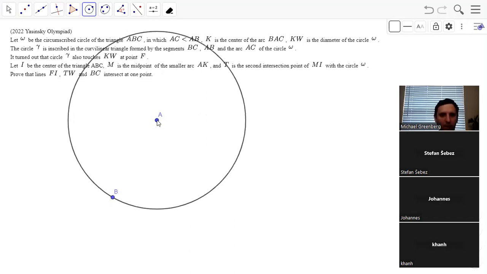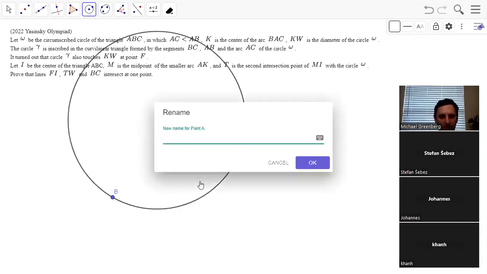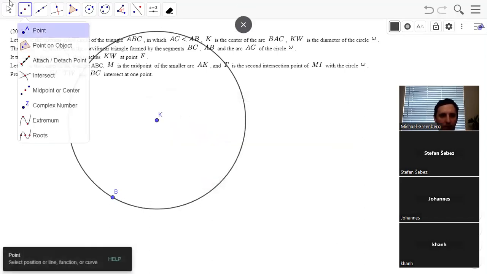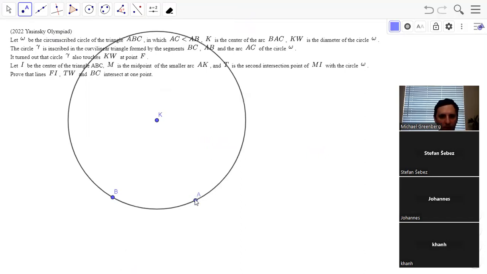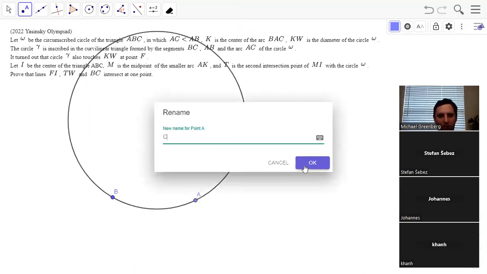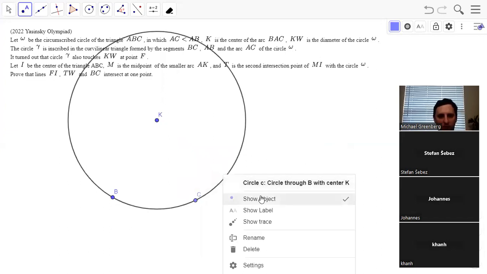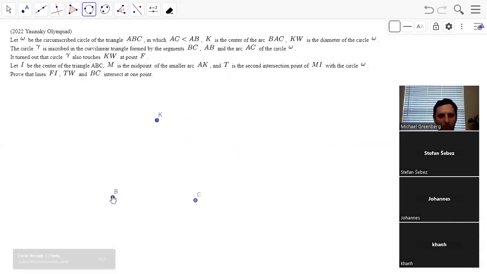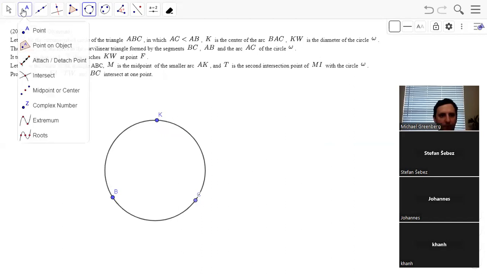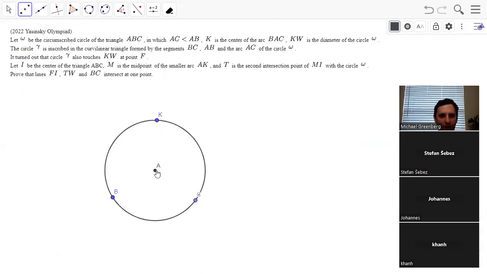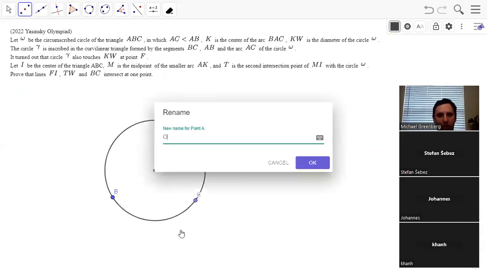So this will be K, B, C. And then I'll draw the center of that, and I'll reflect K over it. So we call O the center, maybe make it a little bigger.